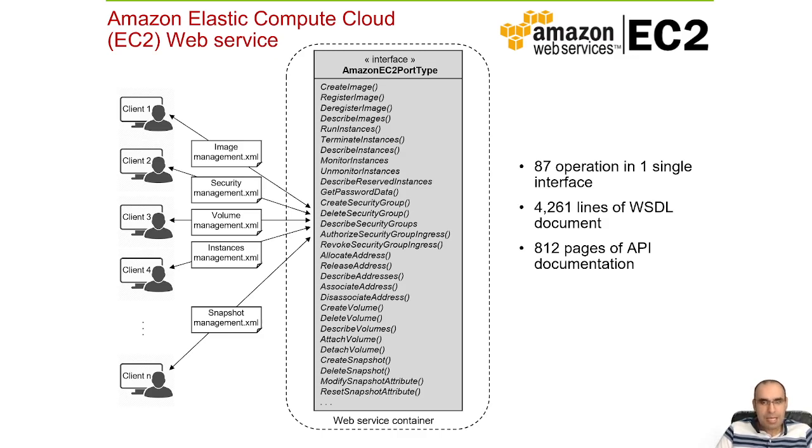This interface implements several functionalities, such as image management, instances management, security, snapshot management, and many others, and they are all in the single interface. Obviously there is a problem with the design of this interface, and we need to refactor it. We need to improve its design so that we can keep each functionality in one single interface instead of putting everything into one large interface.